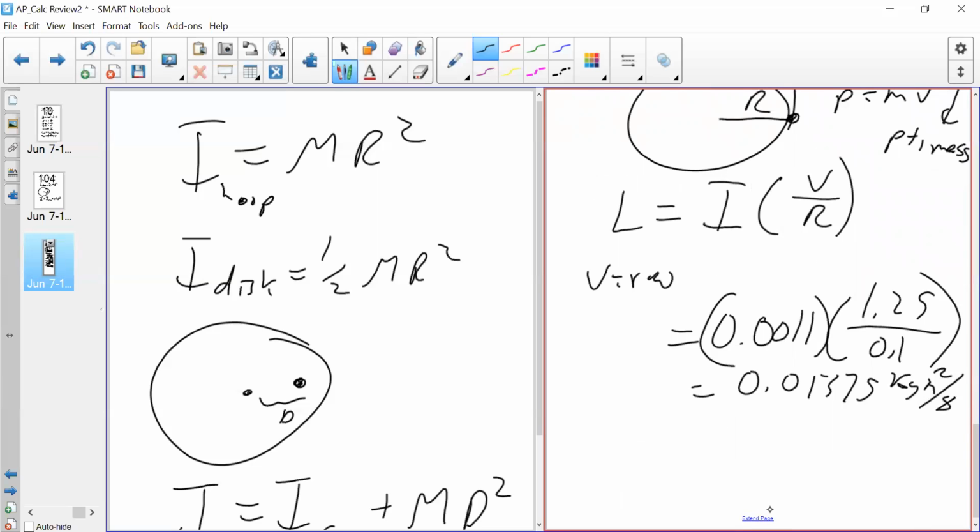I don't know if they ding you for not having the units of angular momentum, but I would be explicit everywhere. When they say justify, give it all. Don't hold anything back. Explain, use equations and concepts, be coherent, and give all your justifications. So that's angular momentum.